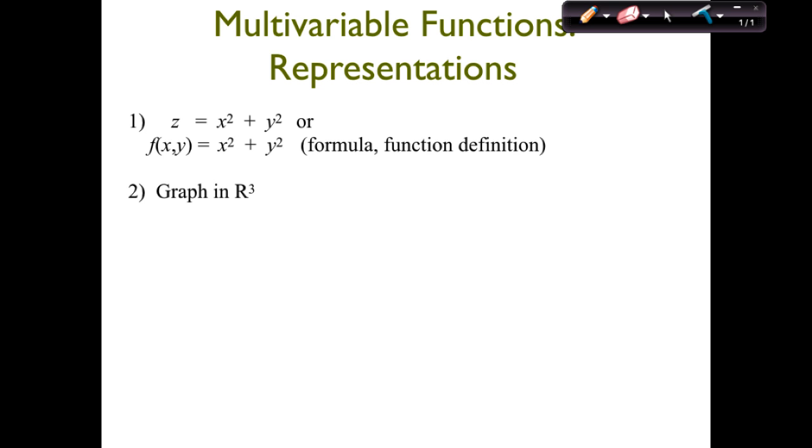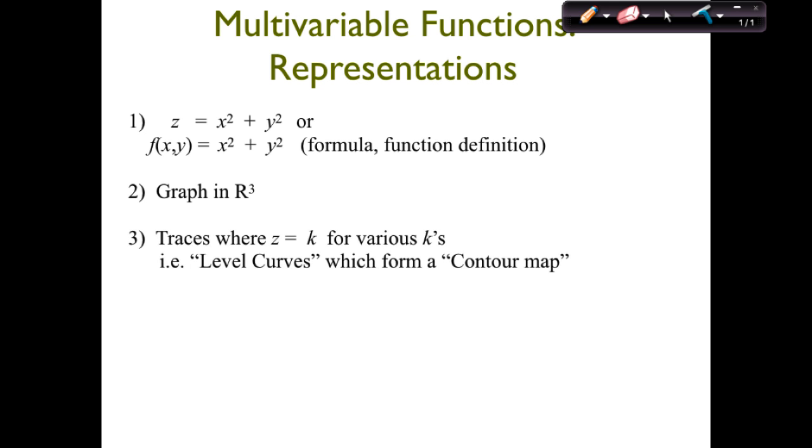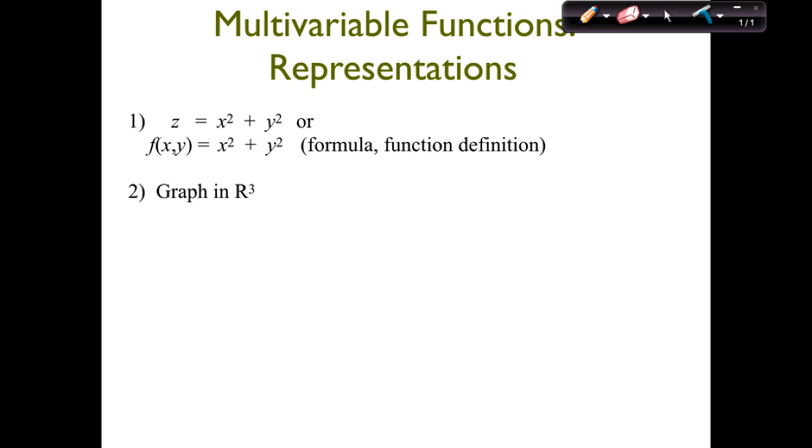Okay, we can graph these in R3. How is this going to work? If f of x, y equals x squared plus y squared, then what is our input, or where is our input?